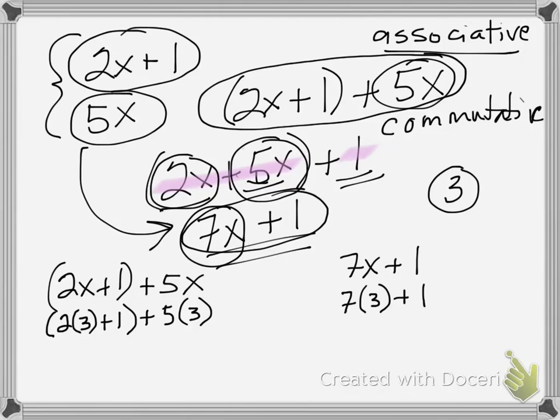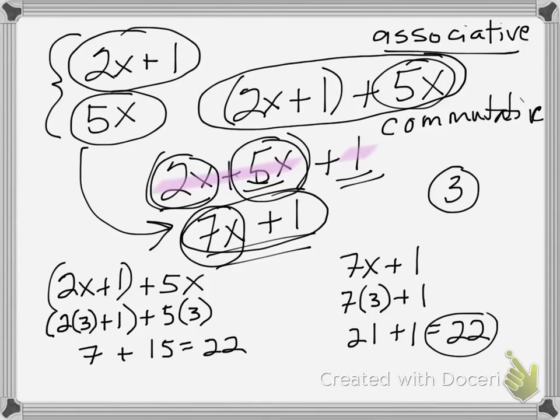Here we have 2 times 3 is 6, plus 1 is 7, okay, plus 5 times 3 is 15. We add those together, we get 22. And here you can see 7 times 3 is 21, plus 1 equals 22. So it does work. They are both equal to 22.